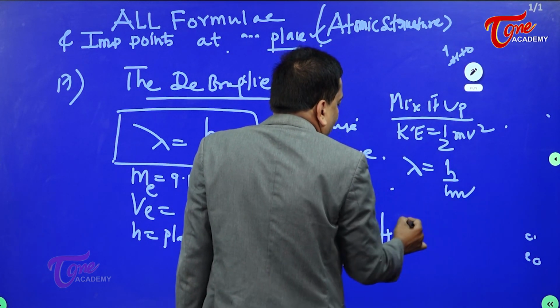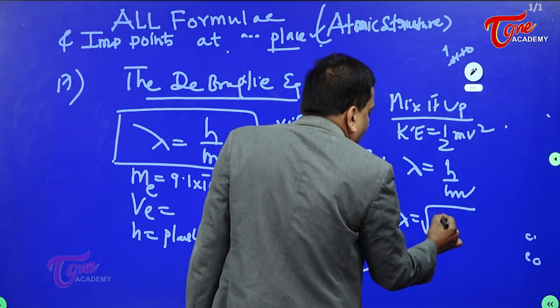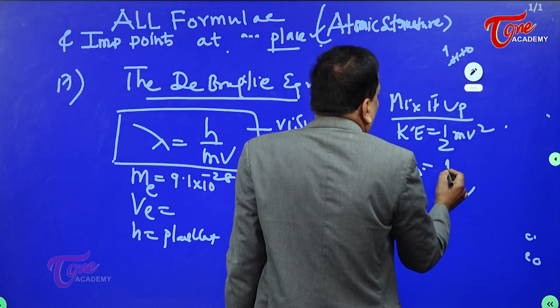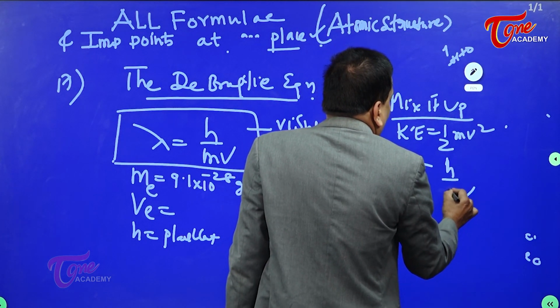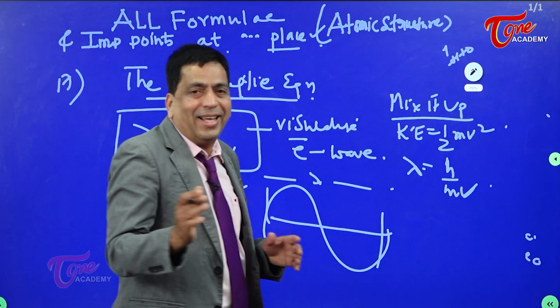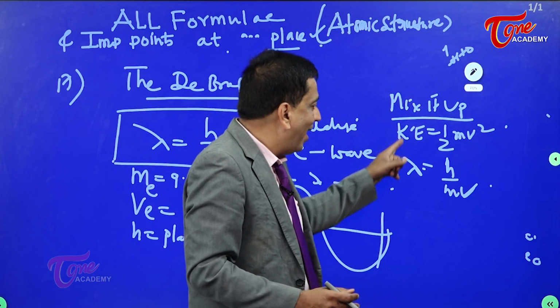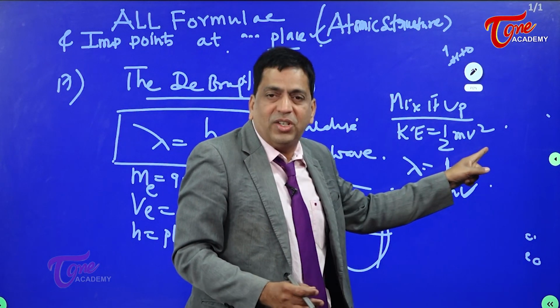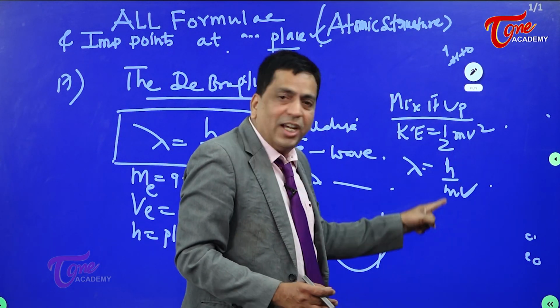If you mix them up, substituting the value of v, you will get a relationship between lambda and K, because K is half mv square and lambda is h by mv.